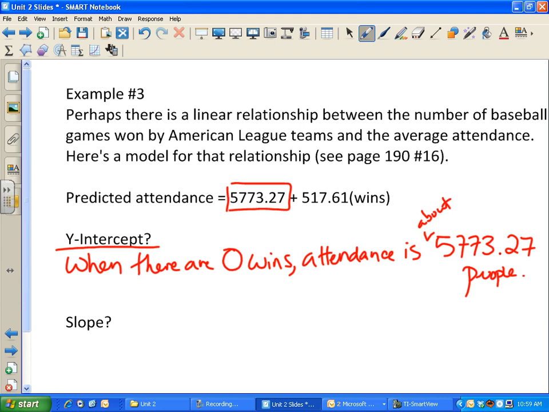But this really makes sense to me. Even a team that never wins, people still come to their game. That makes sense.